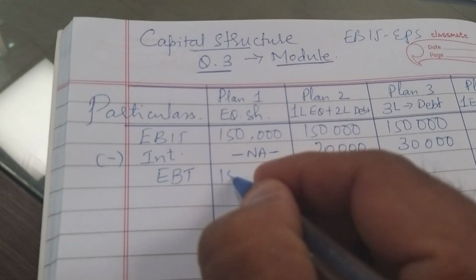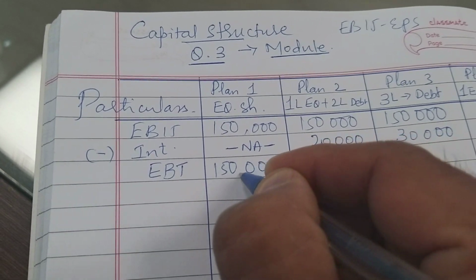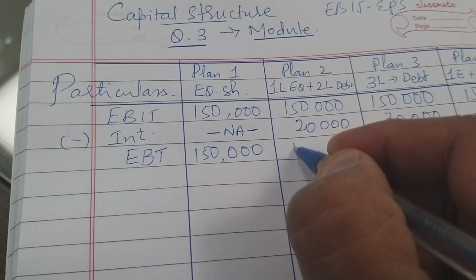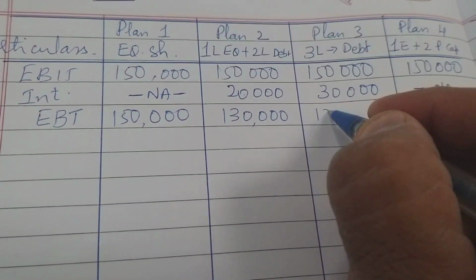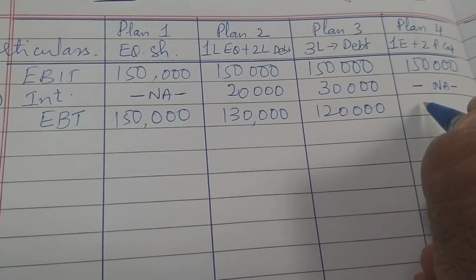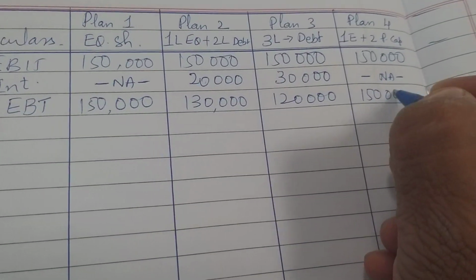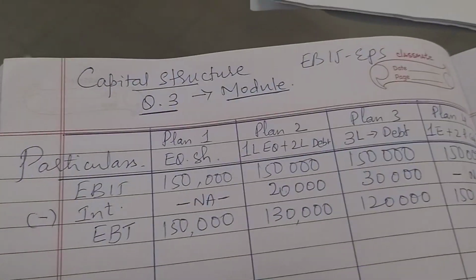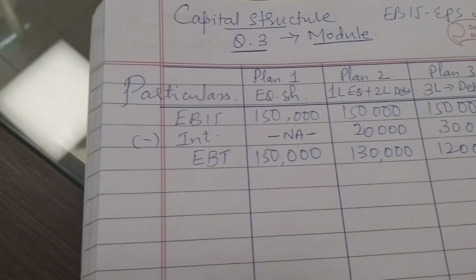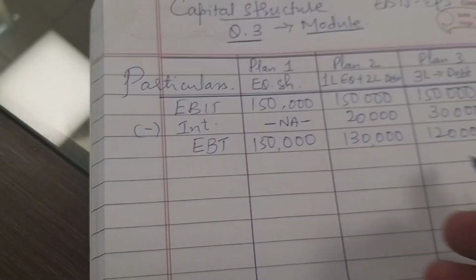So 1,50,000 comes here, 150 minus 20 is 1,30,000, and this is 1,20,000, and the 150 remains as it is. In the first and the fourth case, whatever was the EBIT is carried forward as the earnings before tax.